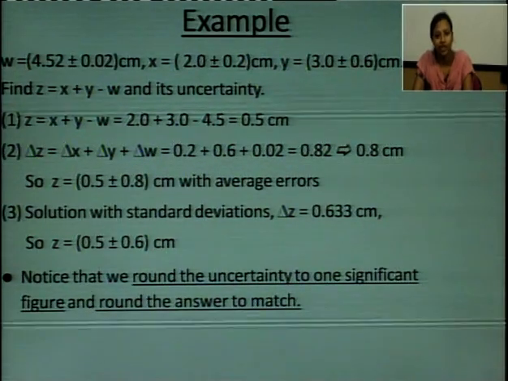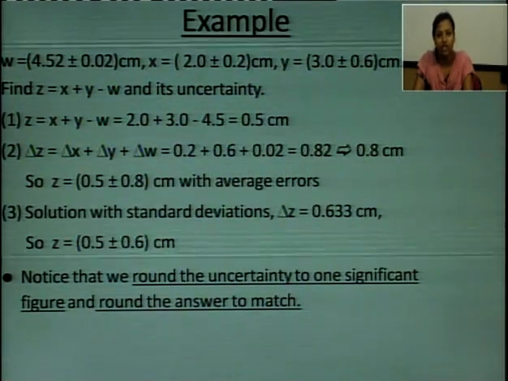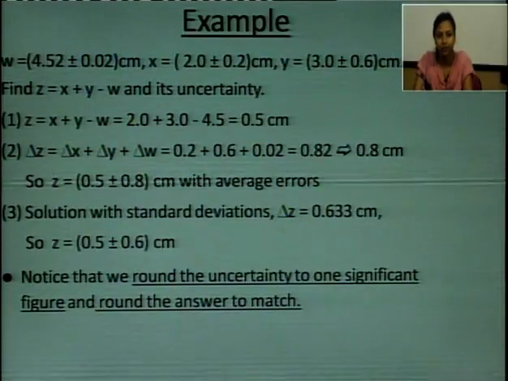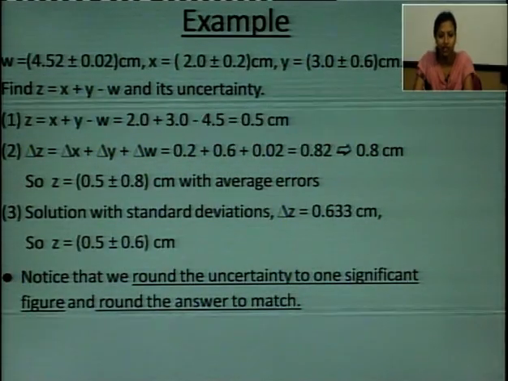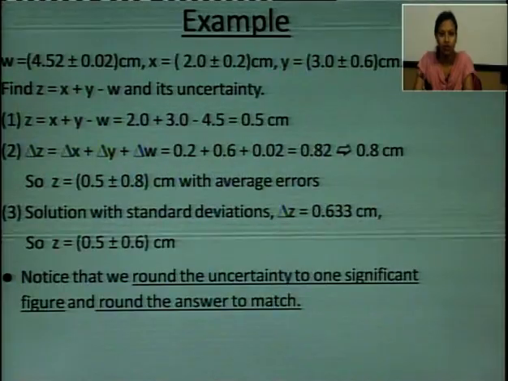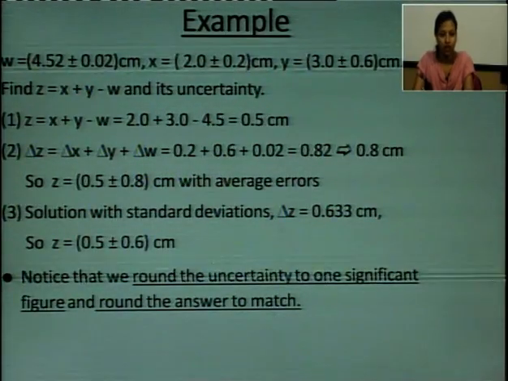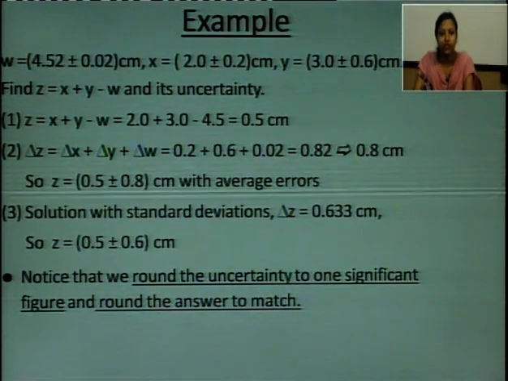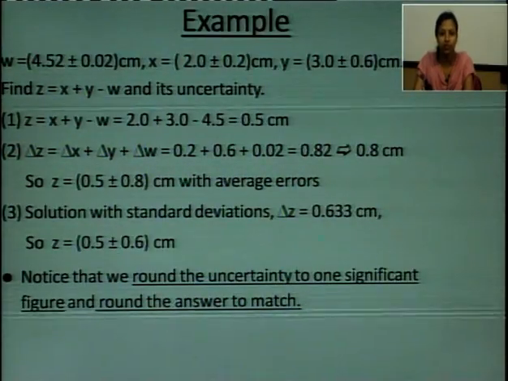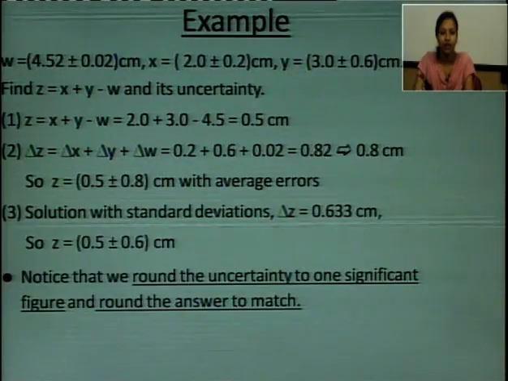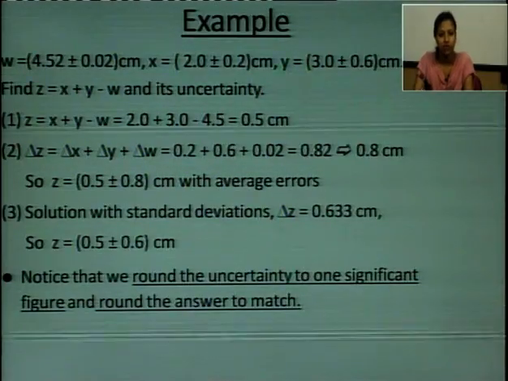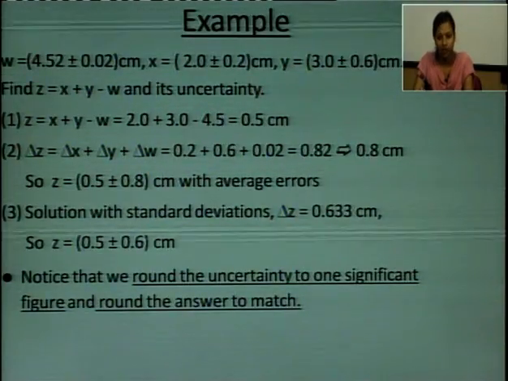But if we are taking the standard deviation, then we need to calculate the square root of delta X square plus delta Y square plus delta W square, then it is equal to 0.6. Note that we round the uncertainty to one significant figure and round the answer to match with the physical quantity of the measurement.